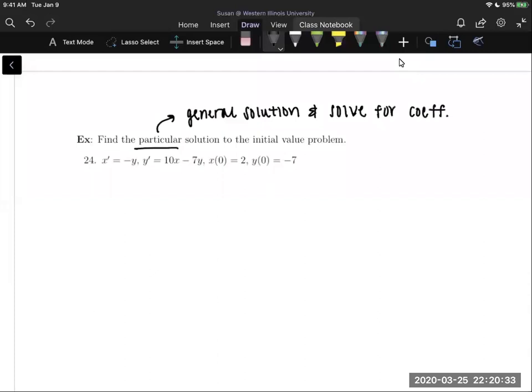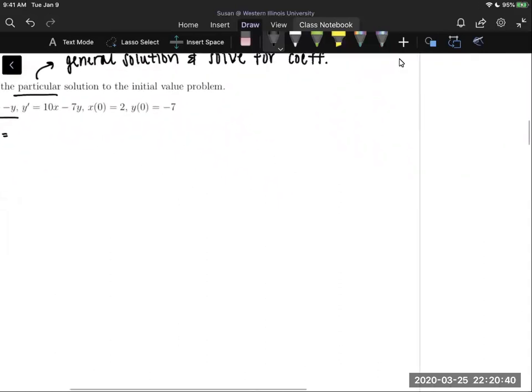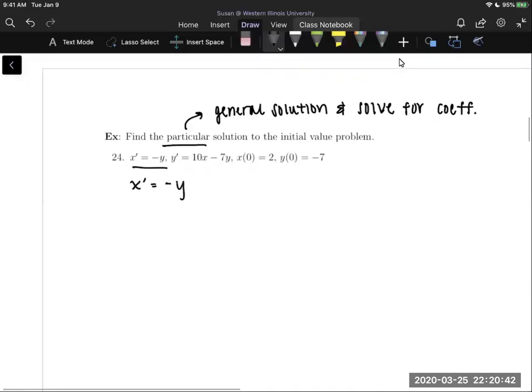All right. So I am just going to randomly choose to work with this function here. So I'll recopy it. x prime equals negative y. And so if I take the derivative on both sides, x double prime equals negative y prime.